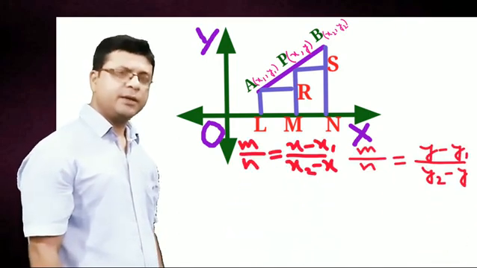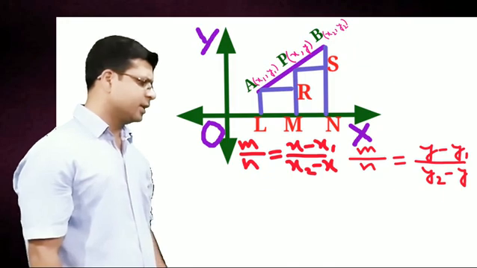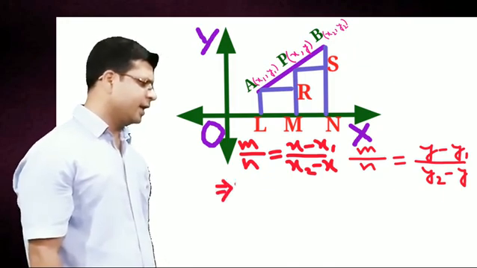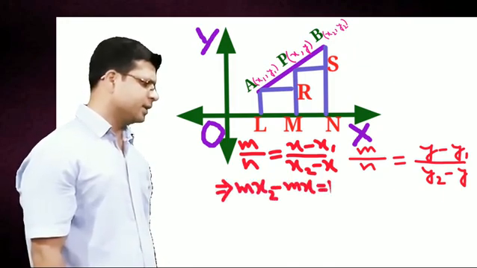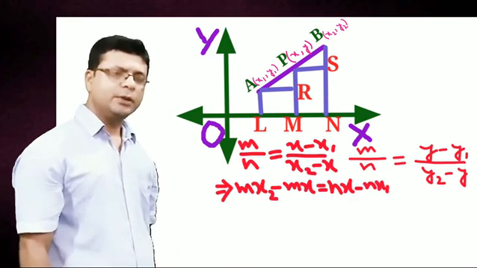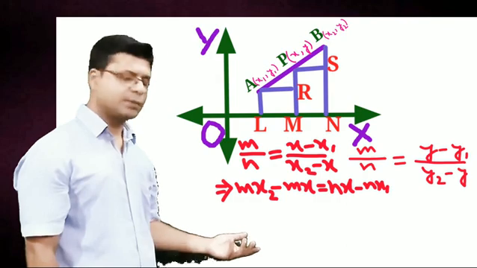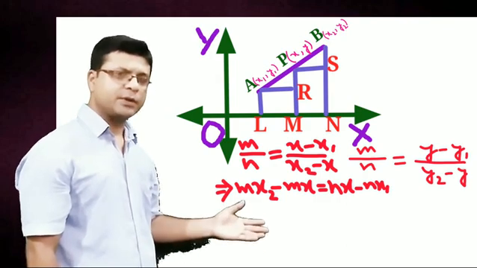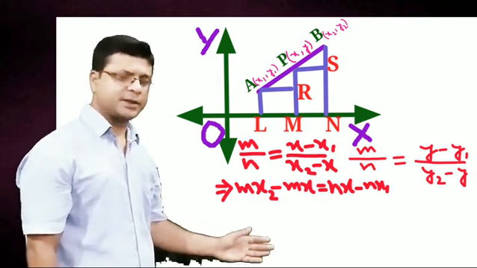Now let us simplify the first part. So let us cross multiply. So what we are getting, mx2 minus mx is equal to nx minus nx1. Now what we do, let us bring all x2 and x1 terms to the left hand side and the terms containing x on the other side.